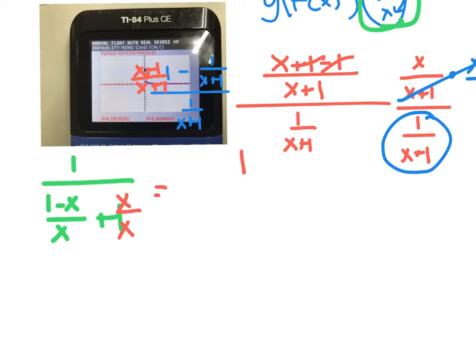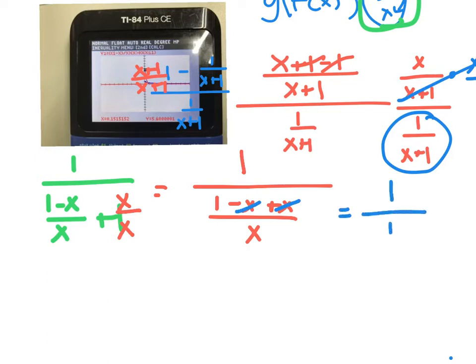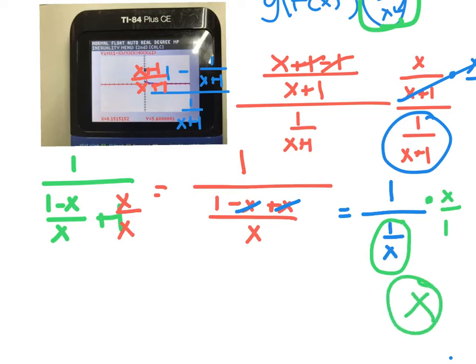The 1 in the top stays. The bottom would become 1 minus x plus x all over x. The negative x and the positive x cancel out. I get 1 over x. And then keep change flip again. Dividing by 1 over x is the same thing as multiplying by x over 1. And then 1 times x over 1 is just x.